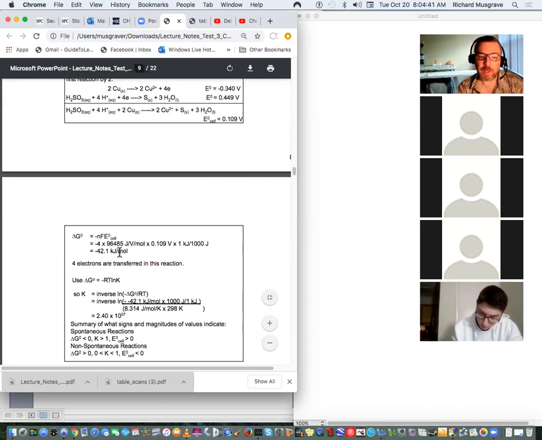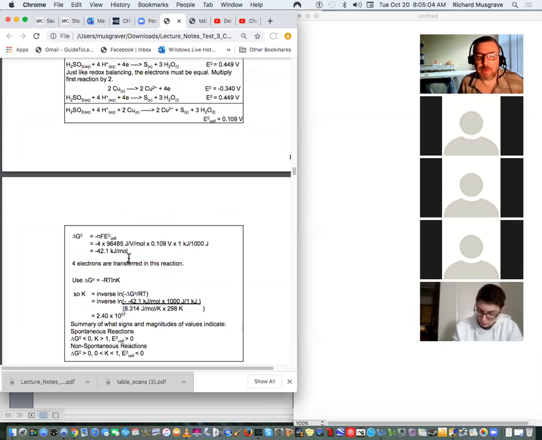The 96485 joules per volt per mole is a constant value. That's the Faraday constant. And then we've got the E naught cell value, which we calculated from up here, in volts. We want kilojoules per mole. So we do a conversion here to go from joules to kilojoules. And we end up getting negative 42.1 kilojoules per mole.